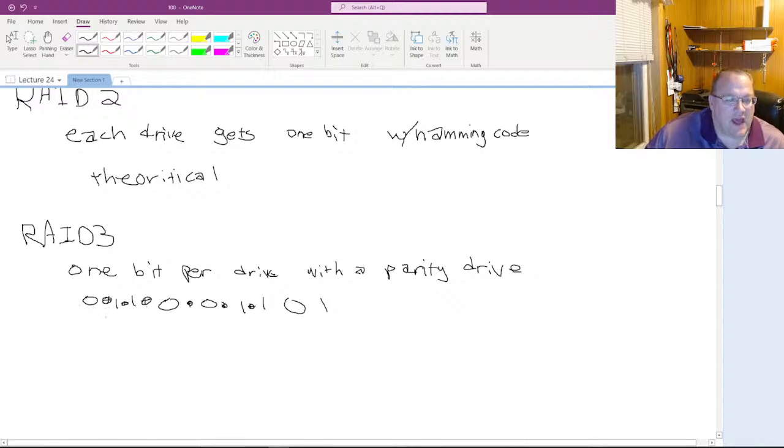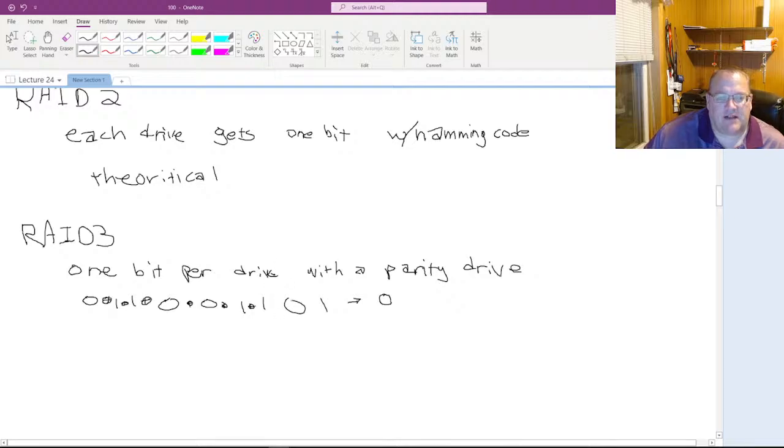Now we exclusive OR that result with the next one. Oh, that's a 0. That's a 0. That's a 0. Then we get to a 1, and then a 0, and then a 0, and then a 1. So this means our parity is, well, if we want to do odd parity, it means we need it to be a 1 at the end, we would do 0. And if we count 1, 2, 3, 4, 5, there's an odd number of 1s, so our parity bit is a 0.